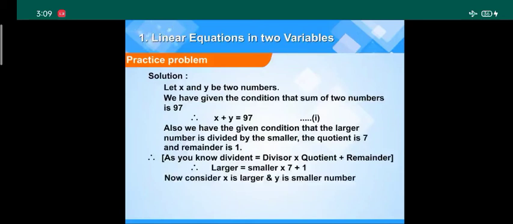Now consider x is larger number and y is smaller number. Therefore, x is equal to y into 7 plus 1. That is, x is equal to 7y plus 1. Therefore, x minus 7y is equal to 1. This is equation number 2.